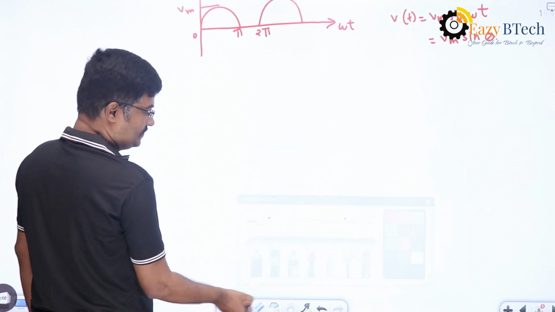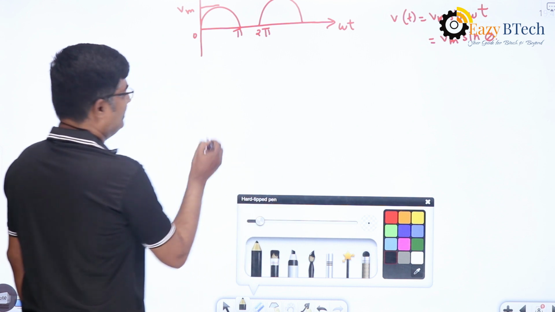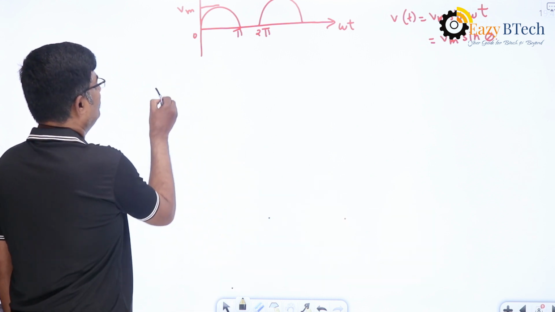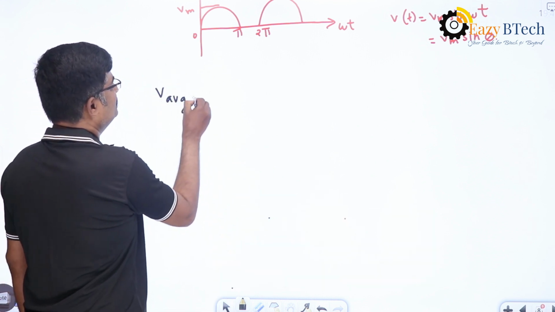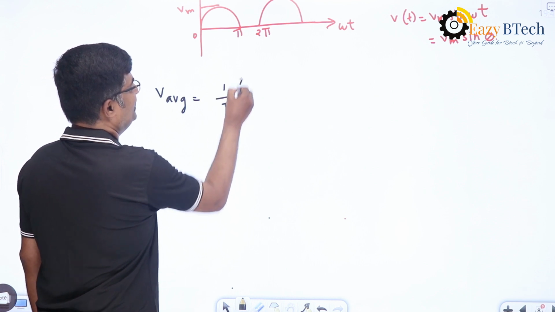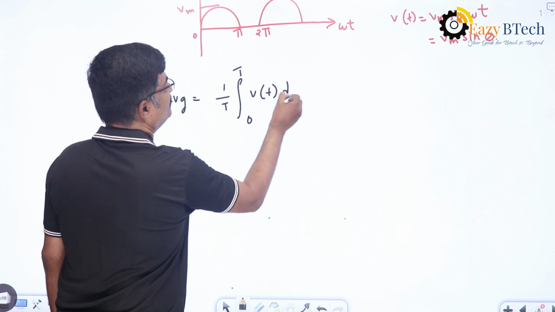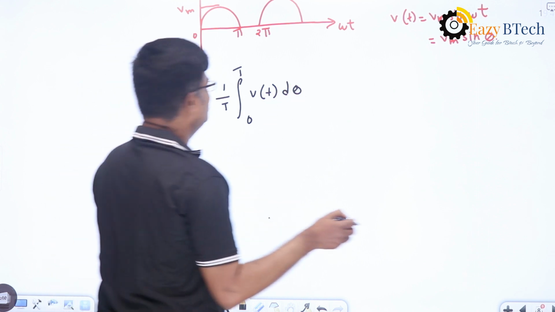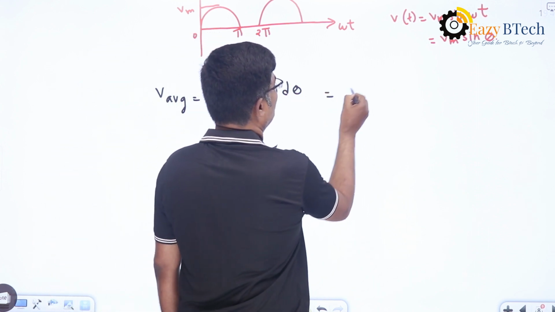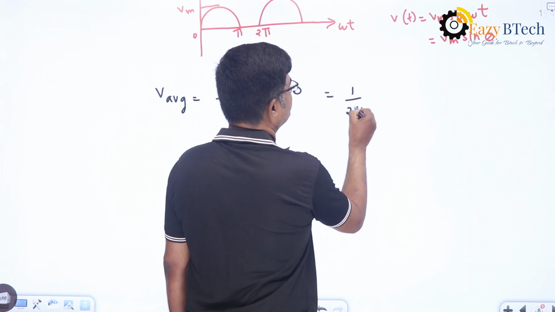So once again, V average is equal to 1 by T integral 0 to T V of t into d theta. So here my function, what will happen? I am having 1 by 2 pi.